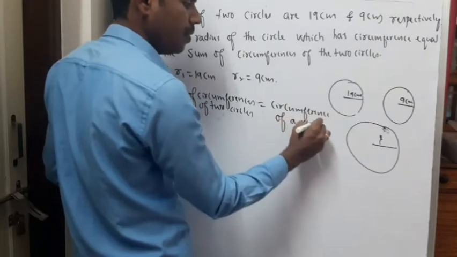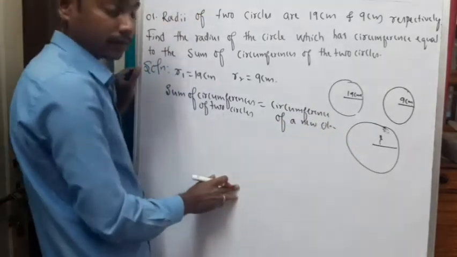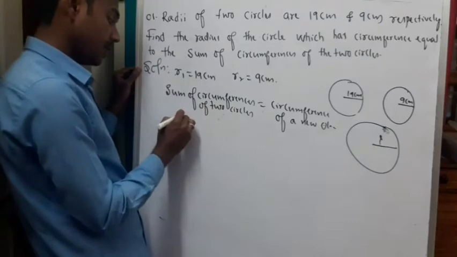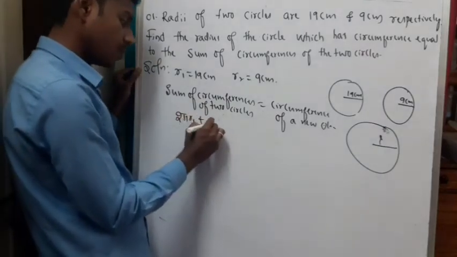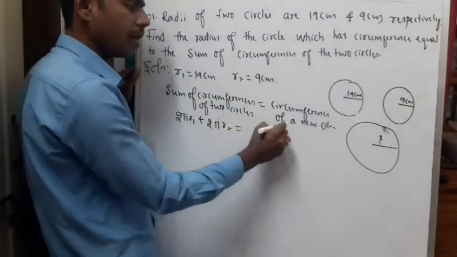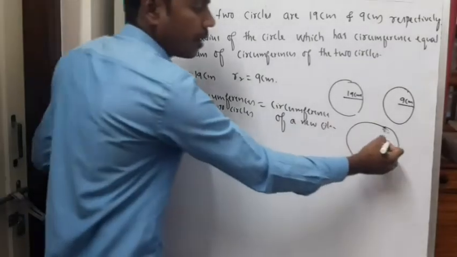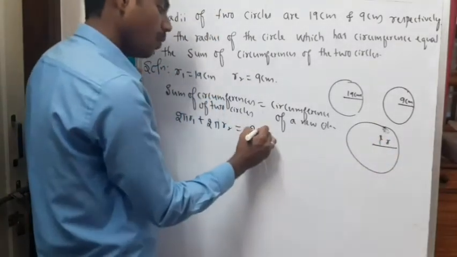Now this is 2 pi r1 plus 2 pi r2 is equal to, let the radius of the new circle be r, so that will be 2 pi r.